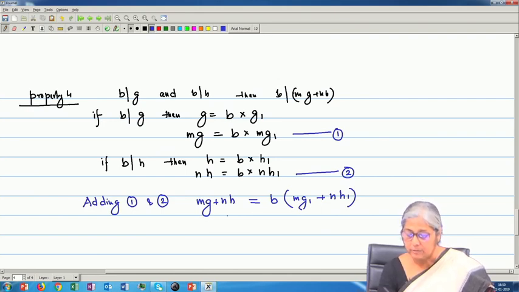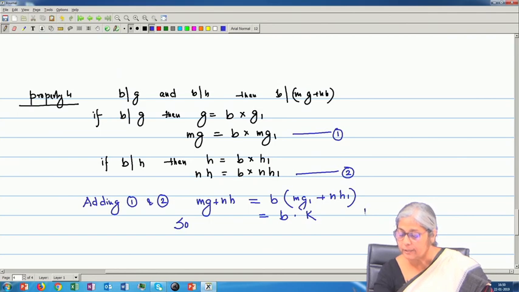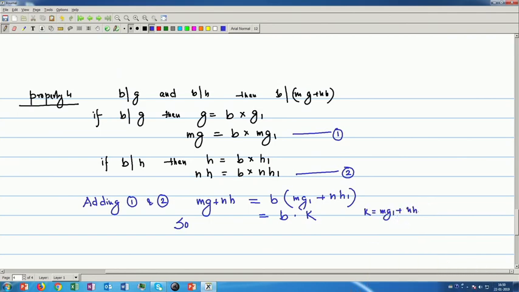So, we can write this equal to b into some say k, one integer. So, k equal to m g 1 plus n h 1 is one integer.